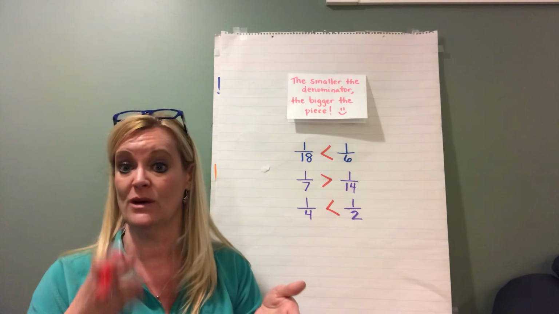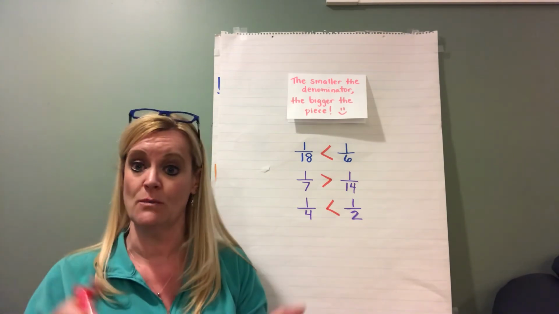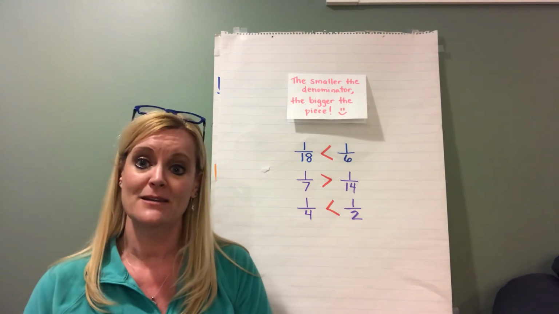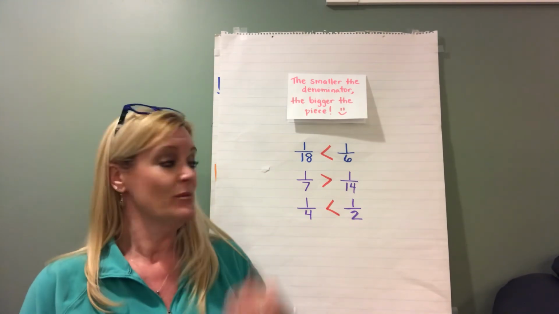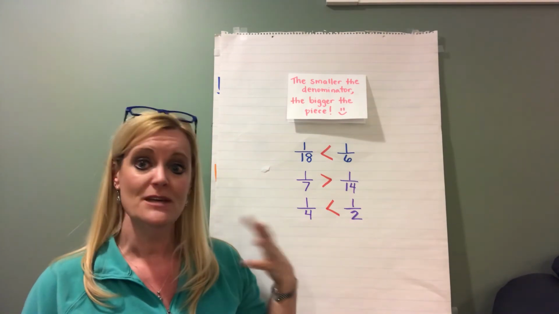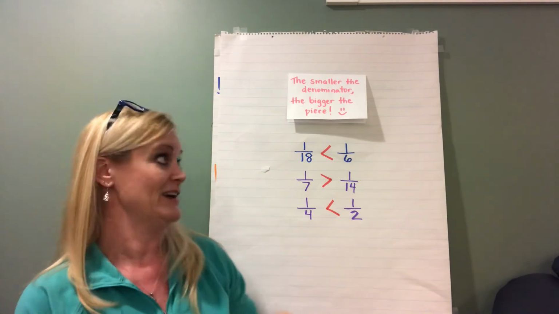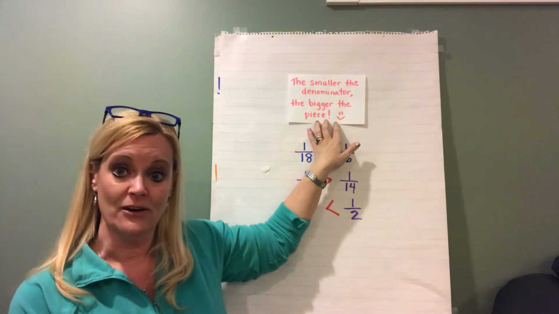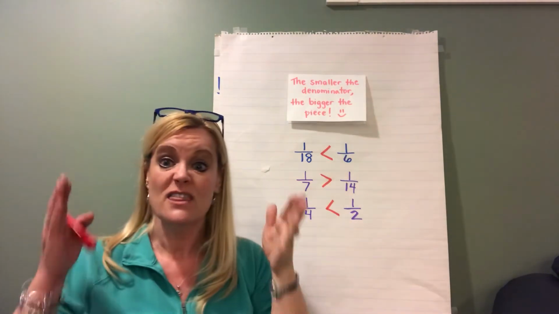You could do 1/2 to 1/8 if you wanted to start with a smaller amount first and then work your way up. You can make as many unit fractions as you like. That's a really great way to practice randomly, just picking some fractions. And you just need to remember that the smaller the denominator, the bigger the piece.